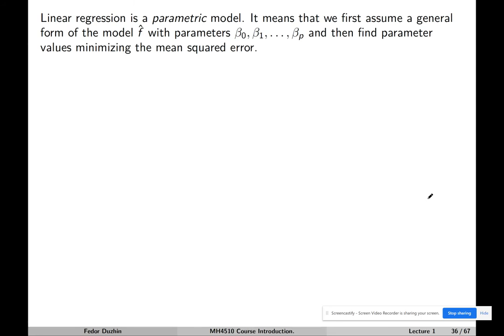So linear regression is a parametric model, right? We first assume some specific general form of the model with parameters, and then we find parameter values minimizing the mean squared error. Hypothetically, it could be some other general form.